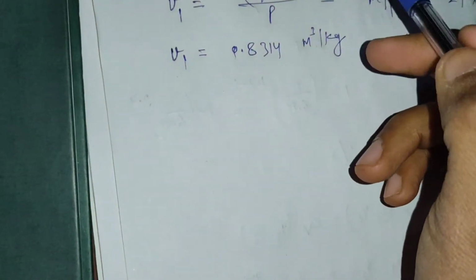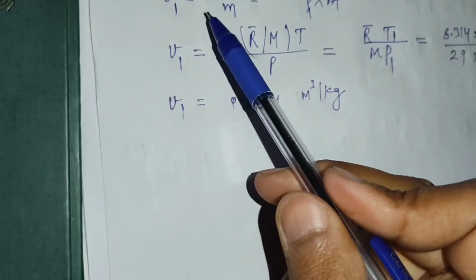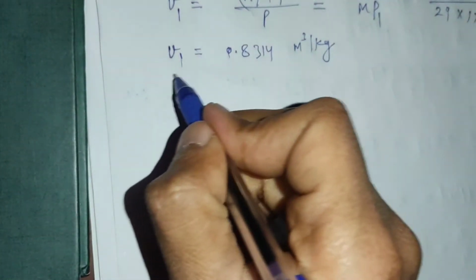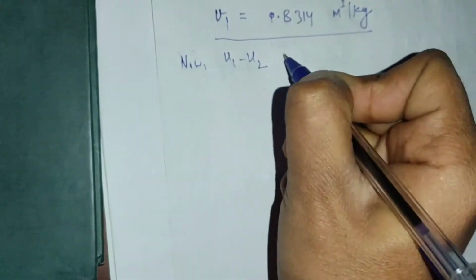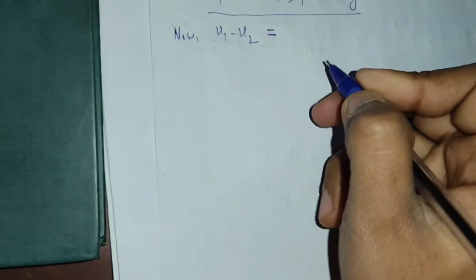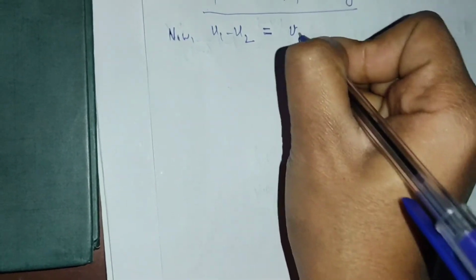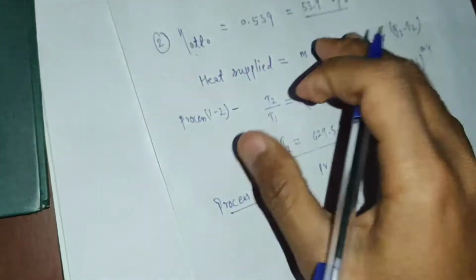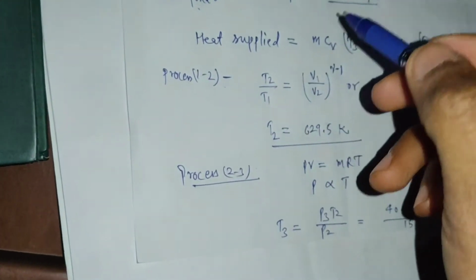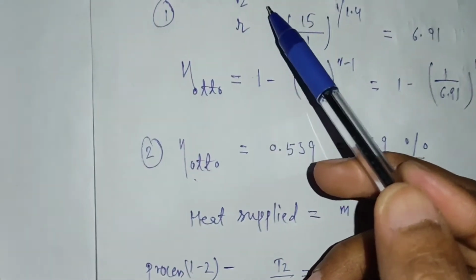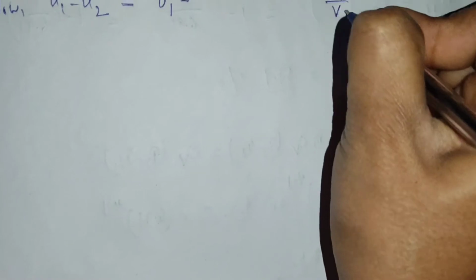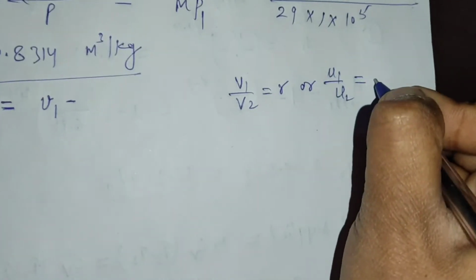We have calculated small v1, so now for v1 minus v2, v1 is the same, and we can put the value of v2 from here, because as we know that v1 upon v2 is equal to the compression ratio, or small v1 upon small v2 will also be equal to r.